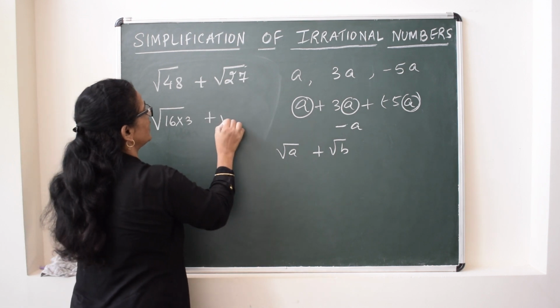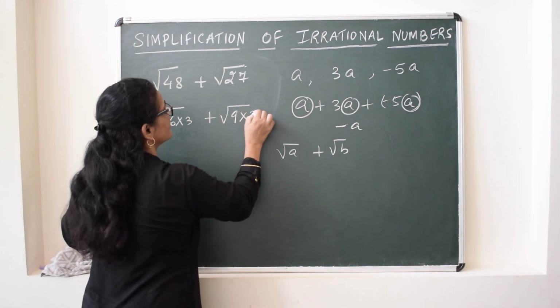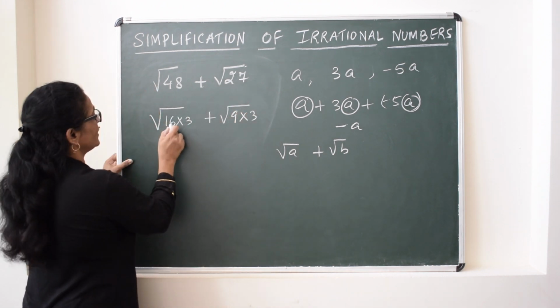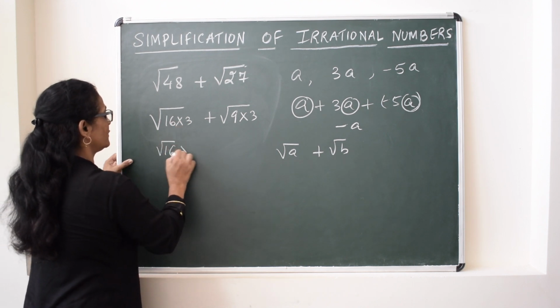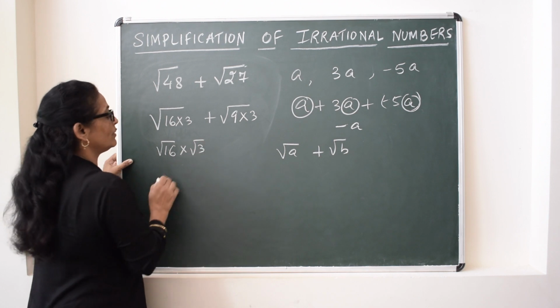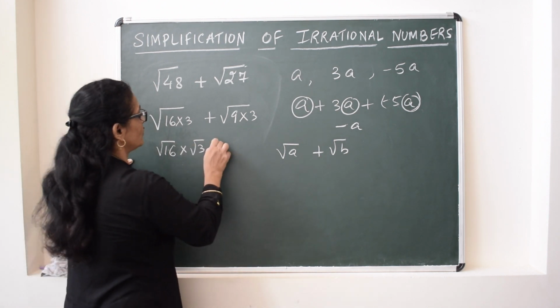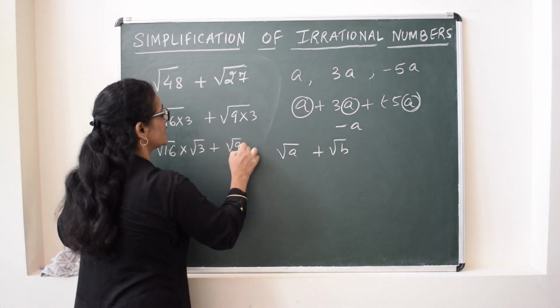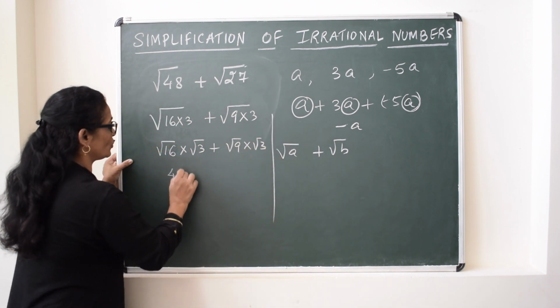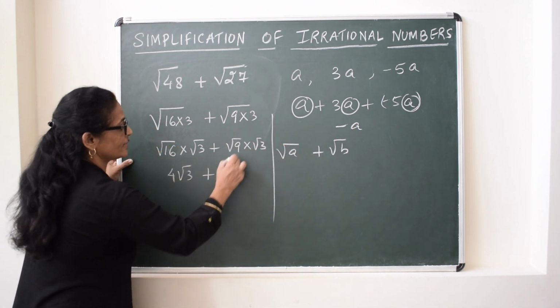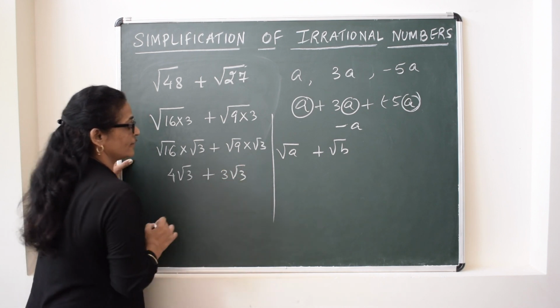And here this will be 9 threes. So here 16 will come out from the radical sign as 4 and 3 will be left inside the radical sign. Here also we will break it. So what will we observe? This is 4 root 3 and this is 3 root 3.